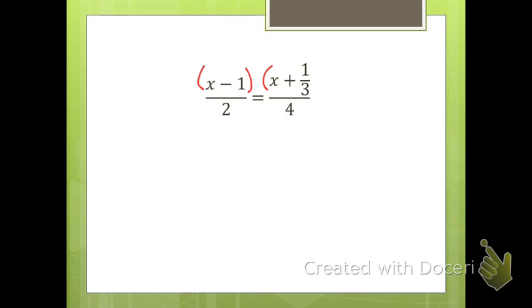So I'm going to start by putting parentheses around this because I need to think of x minus 1 as a factor and x plus 1/3 as a factor. So when I rewrite this, I can write 4 times x minus 1 is equal to 2 times x plus 1/3.